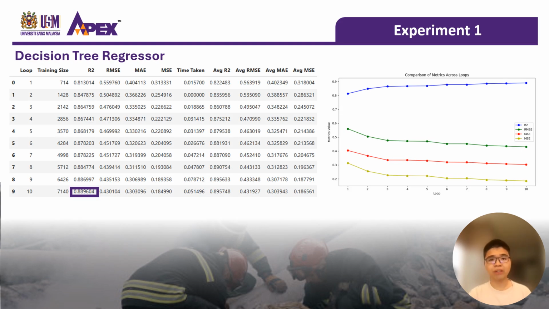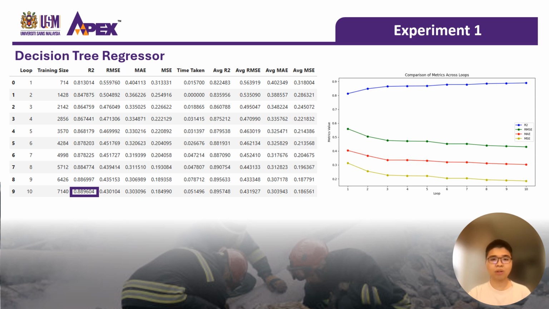Now I will introduce the result for experiment 1. On the left-hand side, we have the table summarizing the model performance. The column loop represents the percentage of the training sample sets. For example, 1 represents 10% of the training set, and 10 represents 100%.